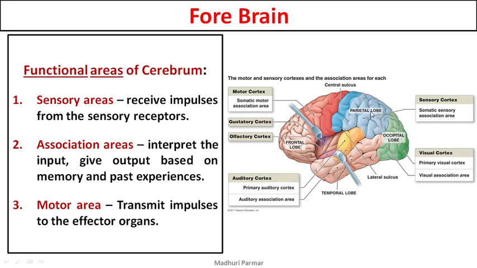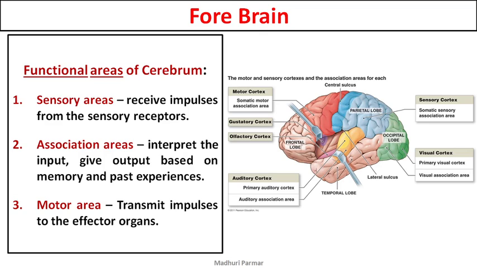Basically, all the areas in your cerebrum are divided into 3 parts. They can either be a sensory area, which receives sensation. Or they could be an association area. Association areas are where some decision is made, or where your brain is reflecting on past memories or experiences and making a decision.